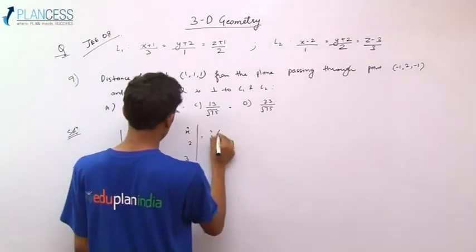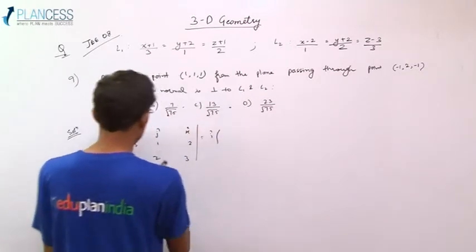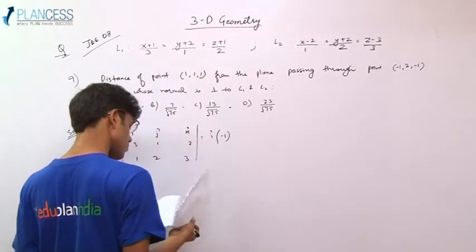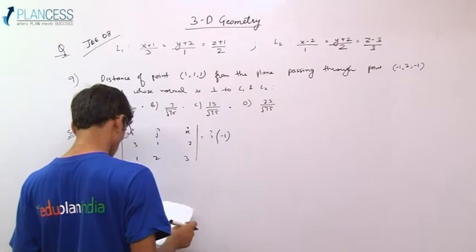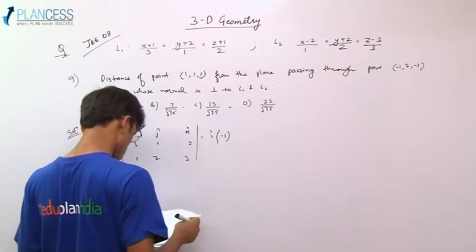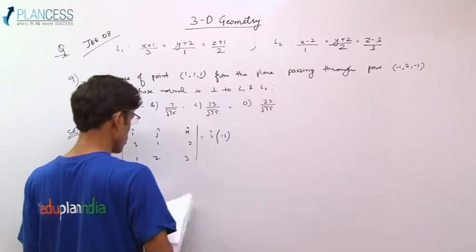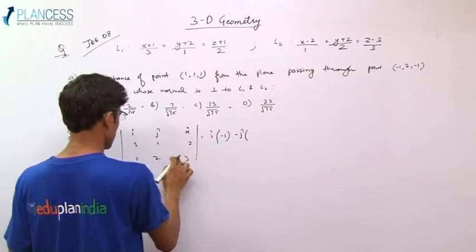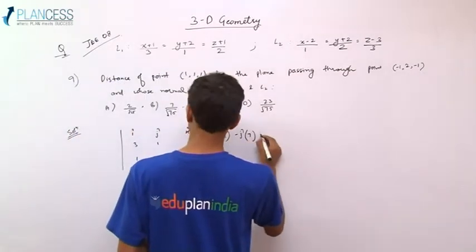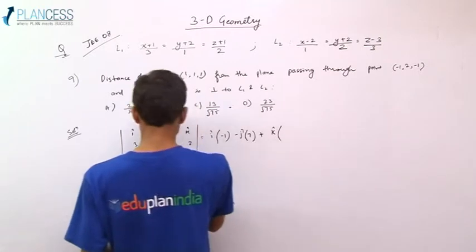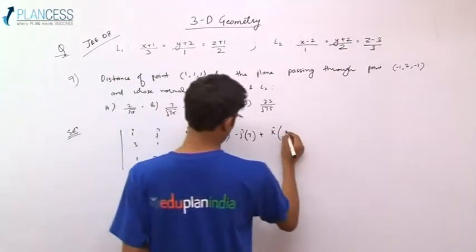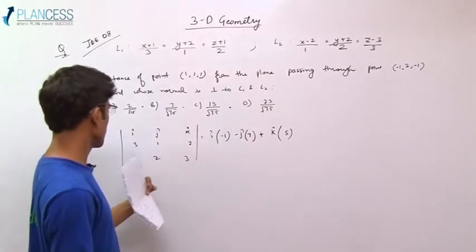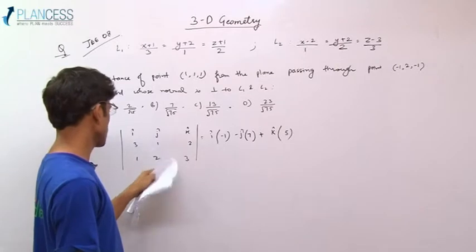This is i cap (3 minus 4, which is minus 1), then minus j cap (9 minus 2 is 7), plus k cap (6 minus 1 is 5).